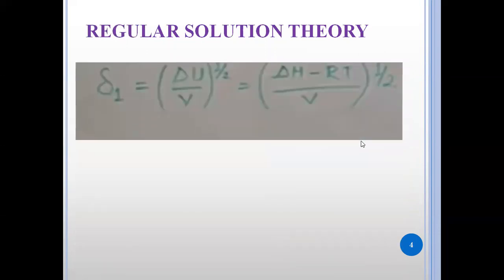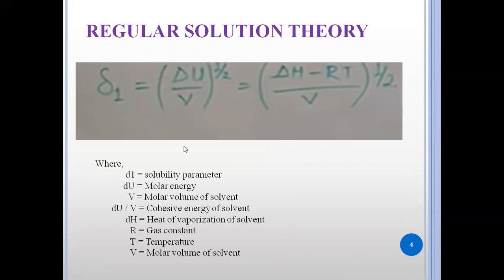According to regular solution theory, one equation is given. This delta 1 is the solubility parameter, which is equal to (delta U upon V) whole to the power of 1 by 2, which is also equivalent to ((delta H minus RT) upon V) whole to the power of 1 by 2.